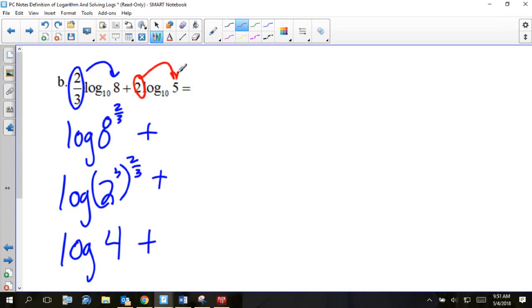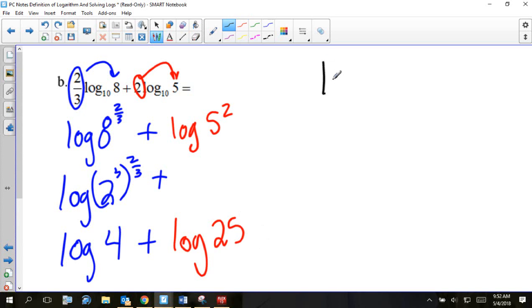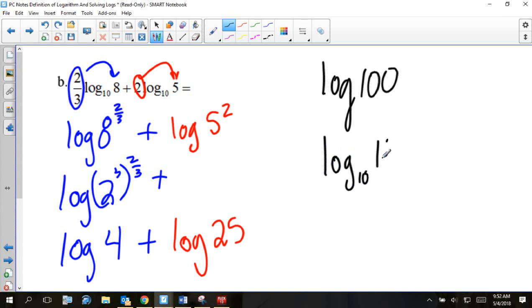Move that 2 up, I've got log 5 squared, or log 25. So I've simplified my individual terms. Now let's condense it. What am I going to have? Log 100. Is that my final answer? Because what's our base? If I can rewrite this as log base 10 of 10 to something, I should simplify it. What's my answer going to be? 2.